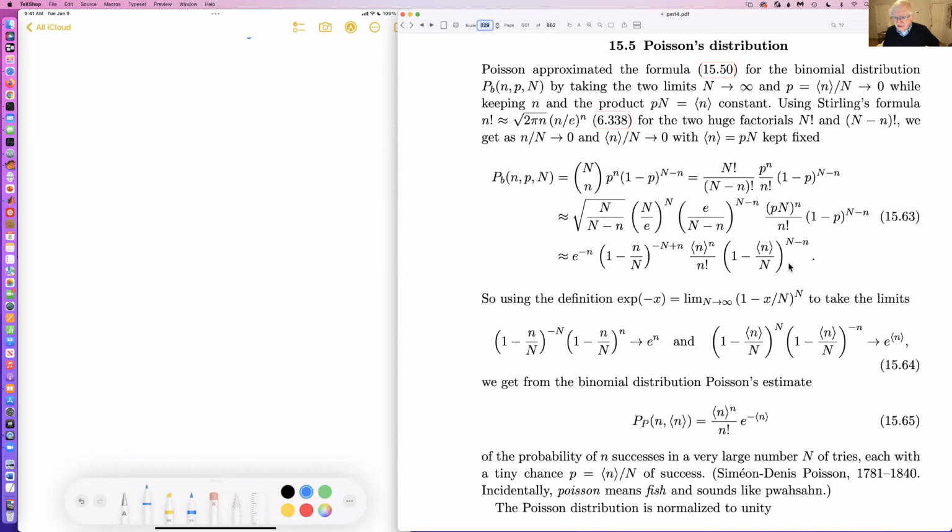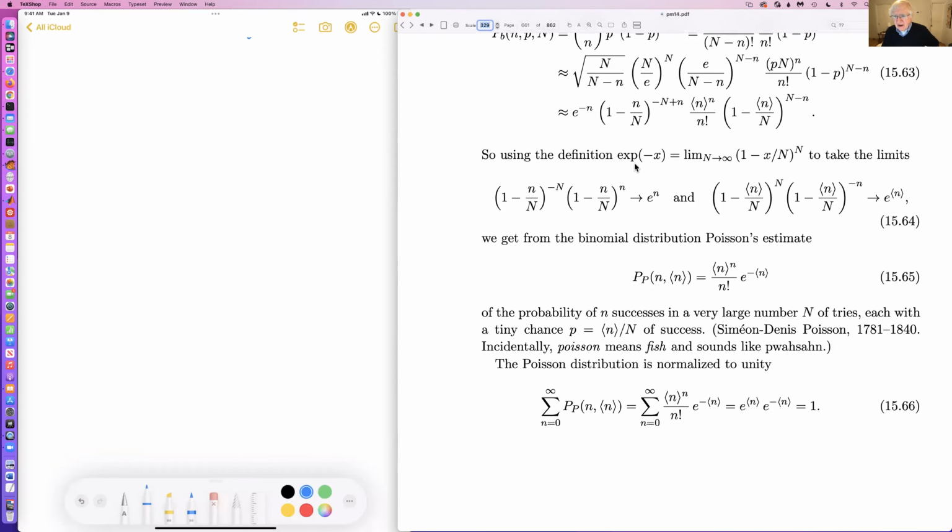And then after you've done some cancellations, you get that. And now e to the minus x is the limit as n goes to infinity of this. So you can take these two limits and you find that that's e to the minus the average number of successes.